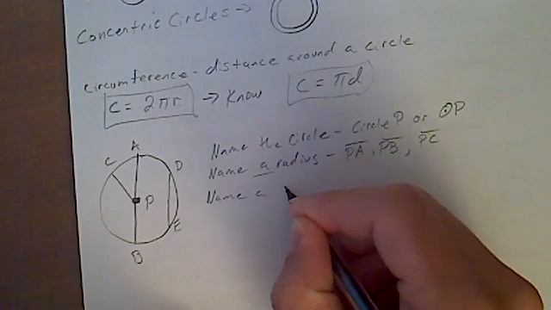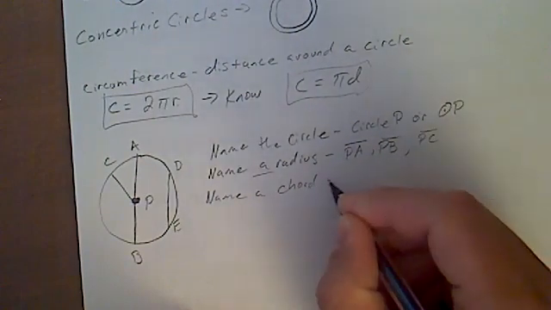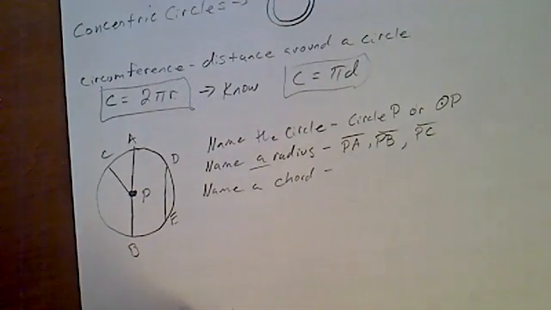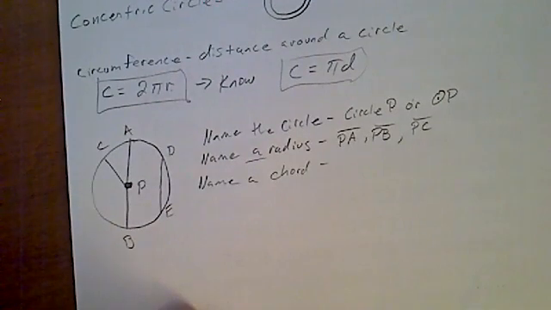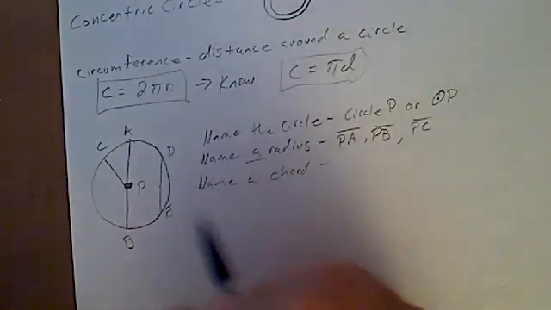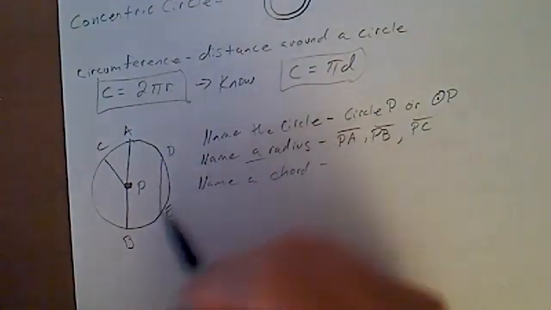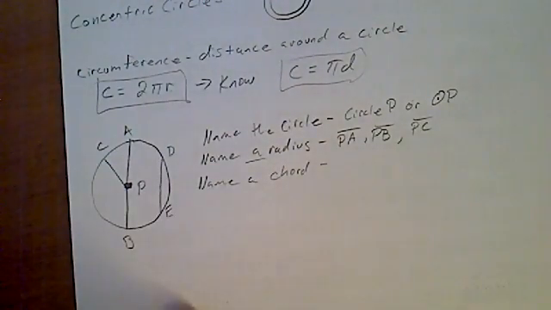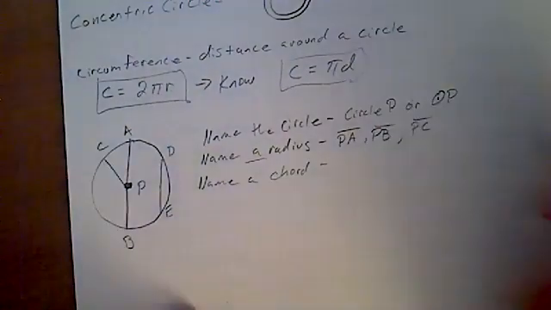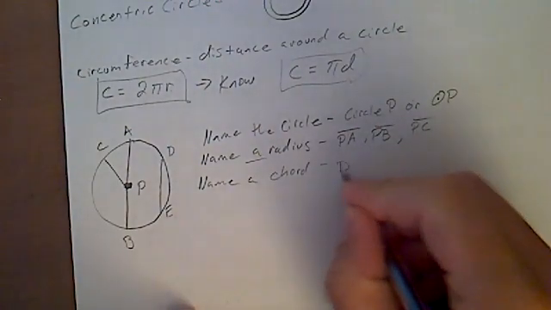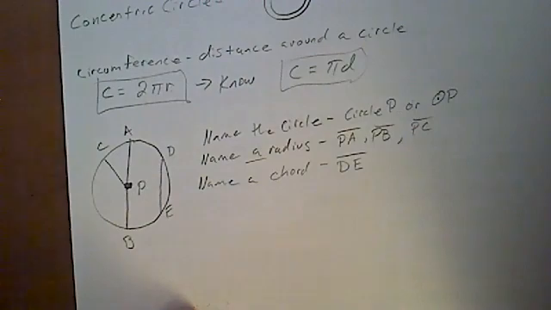What about naming a chord? So we have 2 different chords here. The one that is not a diameter, if it had ever asked for that, the only one not drawn as part of the diameter is DE, or we could call it ED.